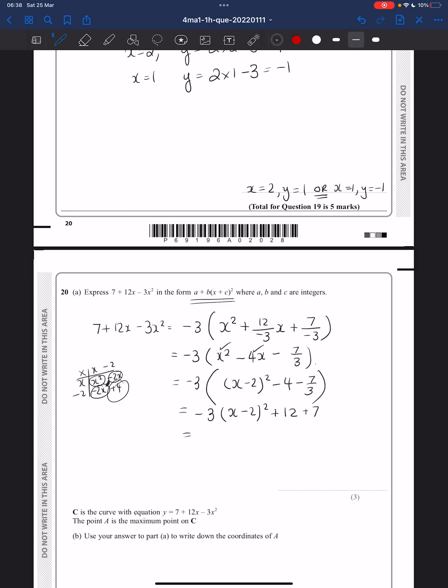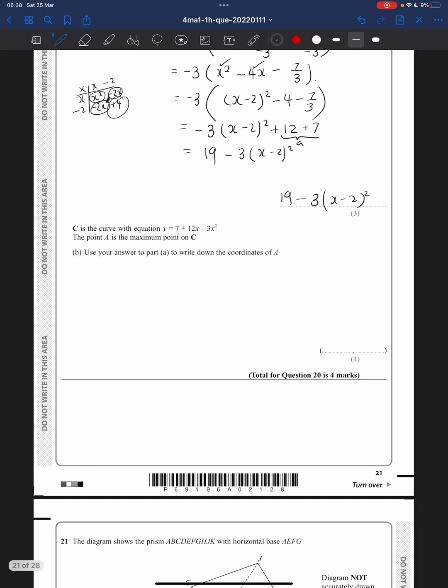So writing it in the form that we want, those two are going to be the a there, and then it's minus 3 (x minus 2) squared. Now students don't like it when it says positives there and there's negatives. It's because they're integers. Integers mean that a, b and c can be positive or negative. So it is allowed. 19 minus 3 (x minus 2) squared.